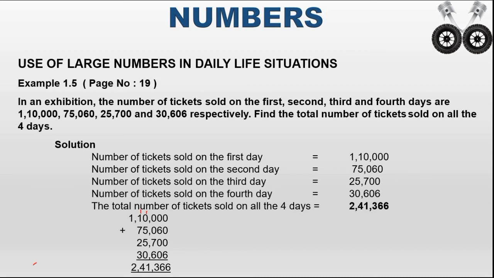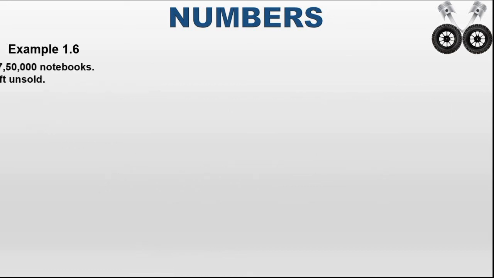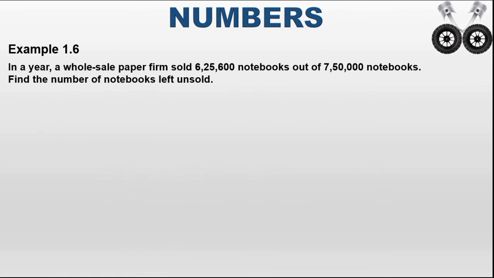Again 1 plus 1 is 2, 2 plus 7 is 9, 9 plus 2 is 11, 11 plus 3 is 14, so 4 and the carryover is 1. Then 1 plus 1 is 2. So the total number of tickets sold on 4 days is 2,41,366.